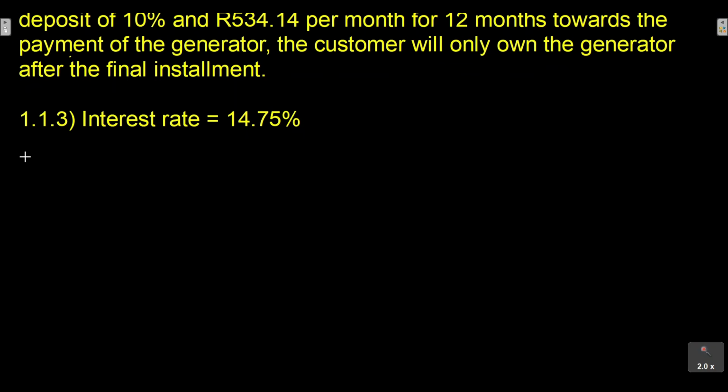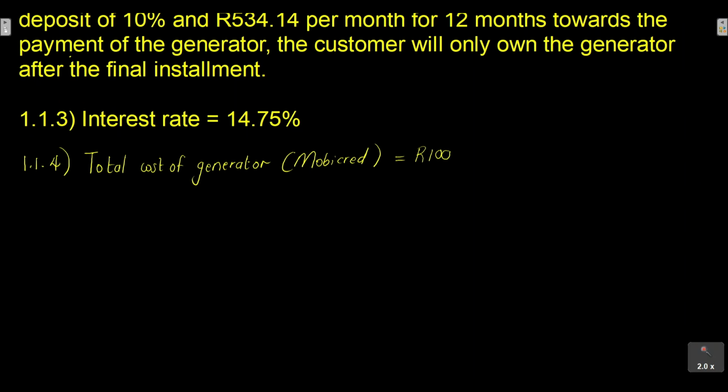Okay, all right. So for question 1.1.4, to get what the total cost of the generator will be if we used MobiKred, you'll take the 1,006 Rand and multiply that by 12 because you're going to pay that for 12 months.